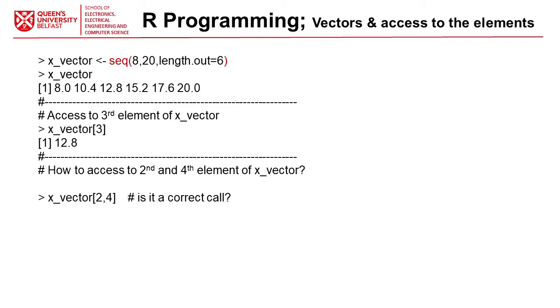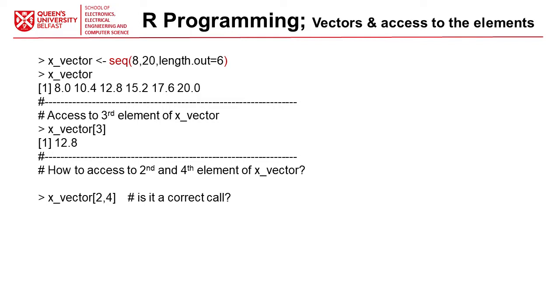It creates a vector of 6 numbers between 8 and 20. It splits this range to get 6 numbers. If you want to access any element of a vector, for instance the third one, you use this type of bracket: vector[3]. The third element would be this.